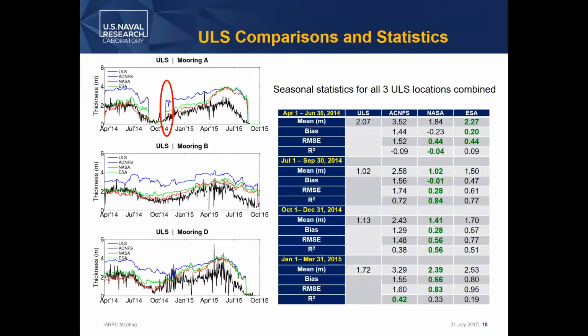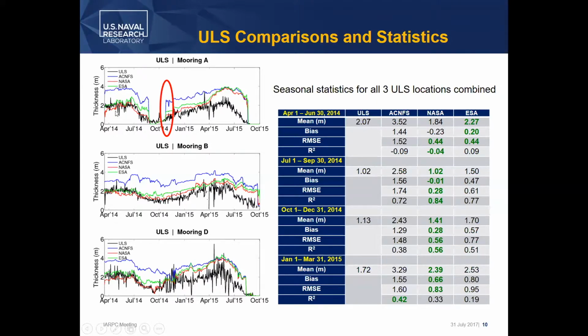So the plots on the left show you model data comparisons of the model hindcast experiments versus observation. So observations are shown in black. If you see my cursor, this is what's being observed by the upward looking sonar, and that's a draft. So we've made daily averages of the ice draft, and we've converted that to ice thickness.